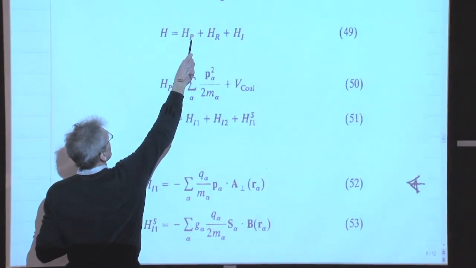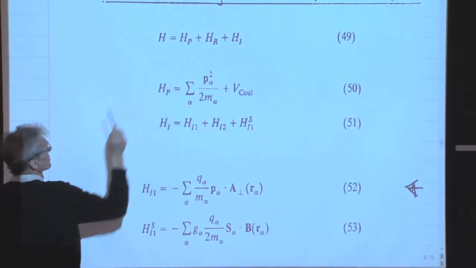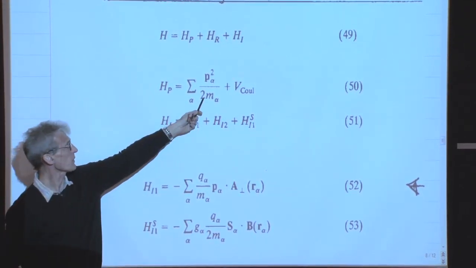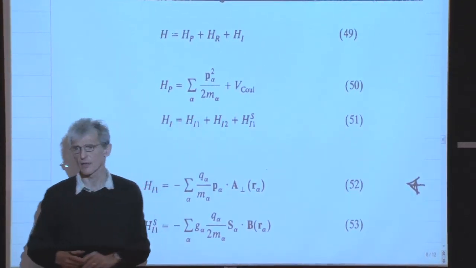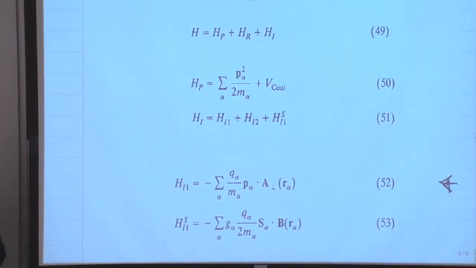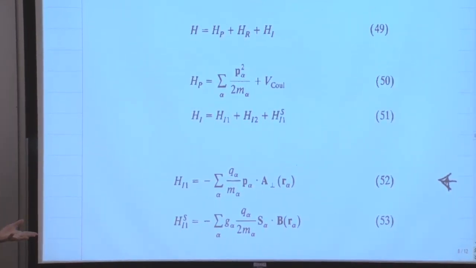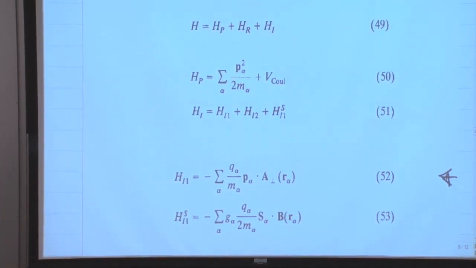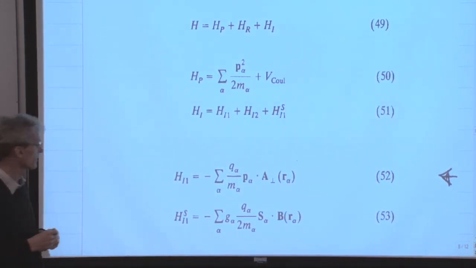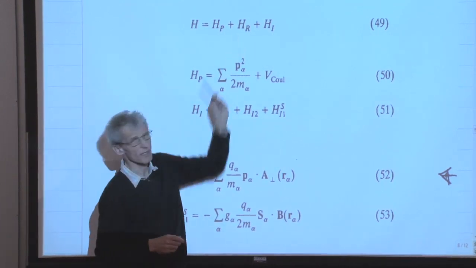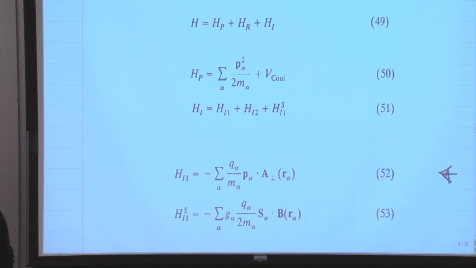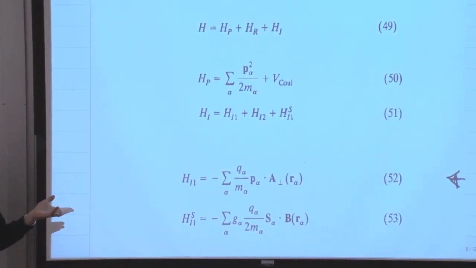The Hamiltonian for the particles, H subscript P, has the momentum squared, and it has the part of the electromagnetic field which are longitudinal, the energy of which can be described by a Coulomb integral. We have already discussed the radiation field. The radiation field was nothing else than h bar omega a dagger a.